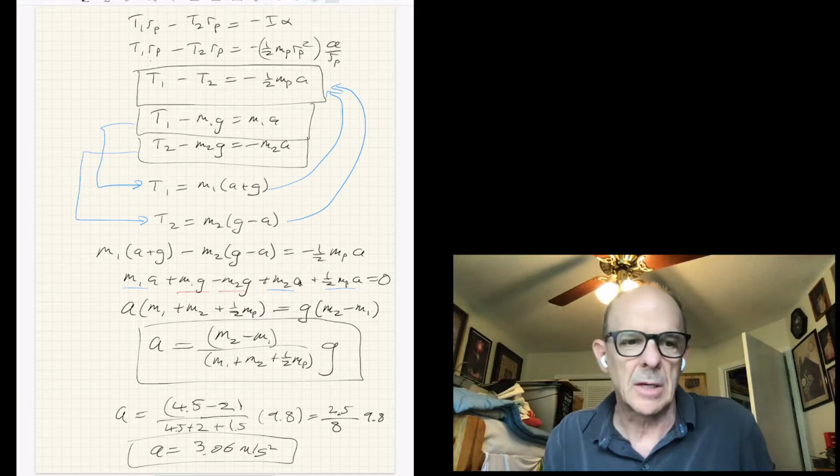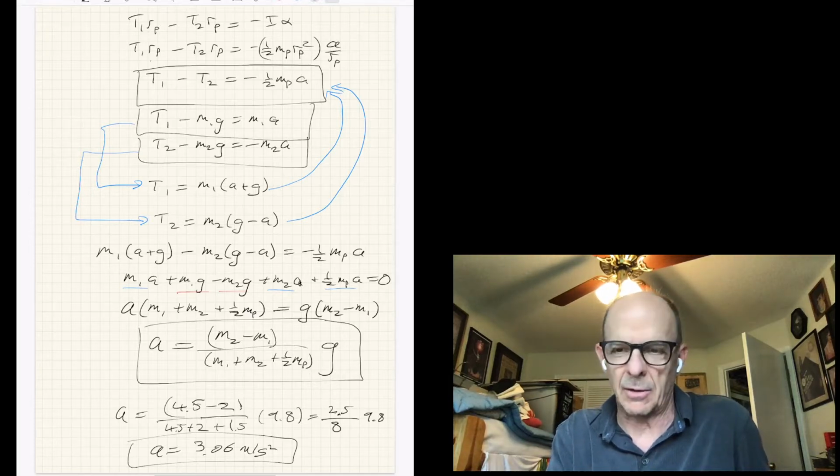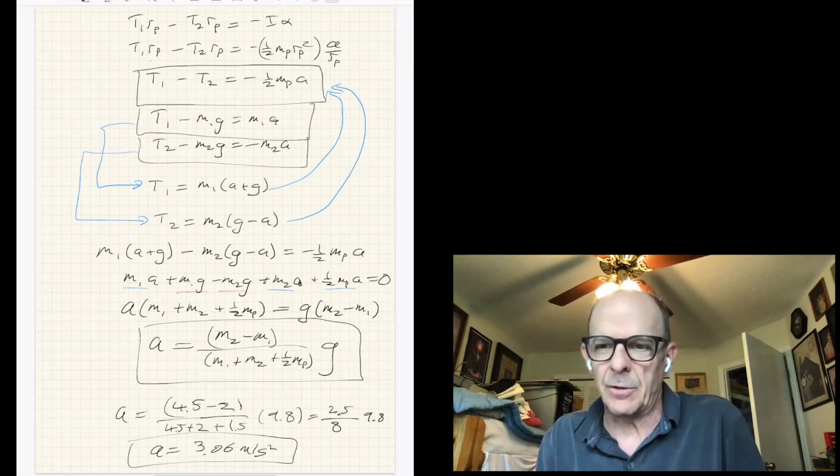That's the number. It's less than G. That makes sense. It's got to be because there's a weight retarding how it moves.